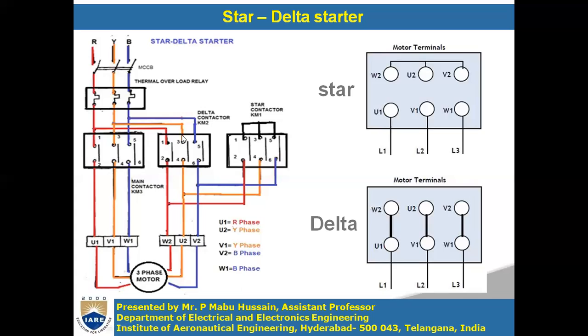The other side of the delta contactor is connected to U1, V1, W1 through the main contactor. Similarly, V2 is connected to W1. So like this, you have to give the wiring. Whenever this delta contactor is closed, the windings are connected in delta. So this is how a star delta starter will work.